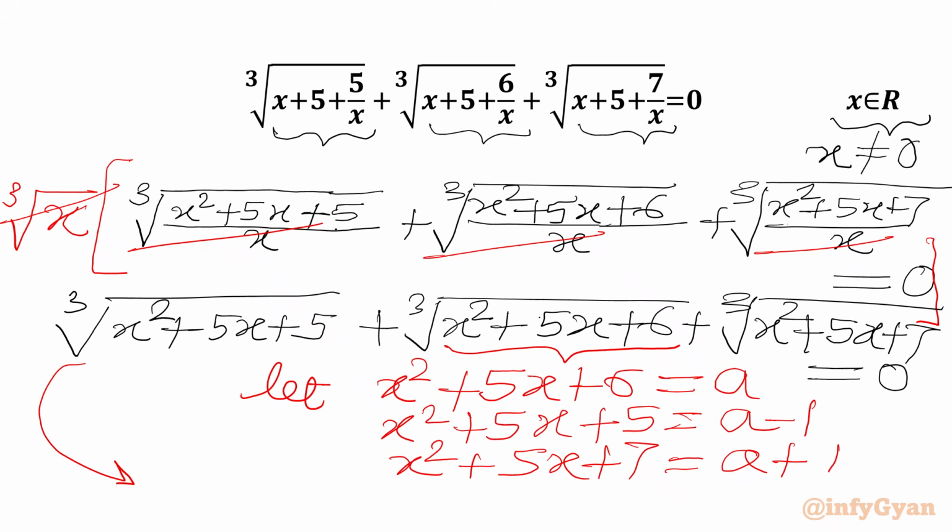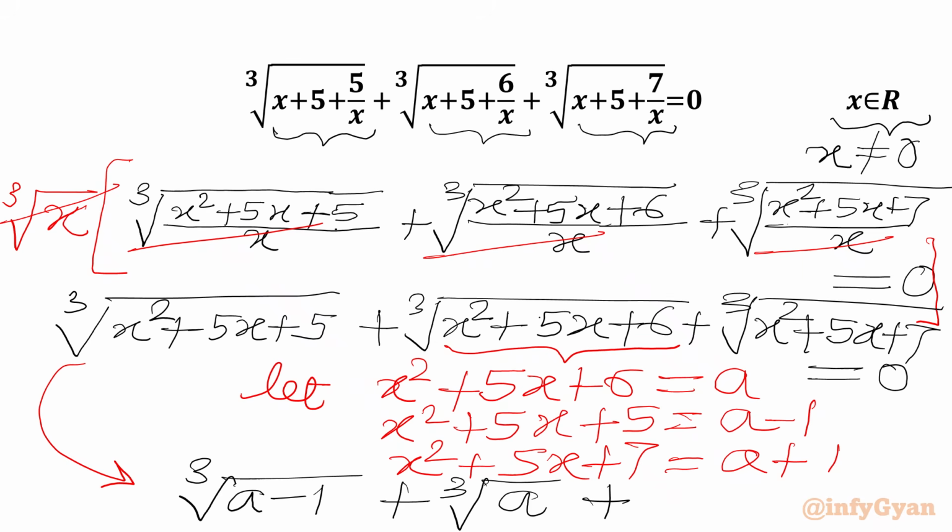So we can write our equation in variable a. Equation will become cube root of a minus 1 plus cube root of a plus cube root of a plus 1 equal to 0.